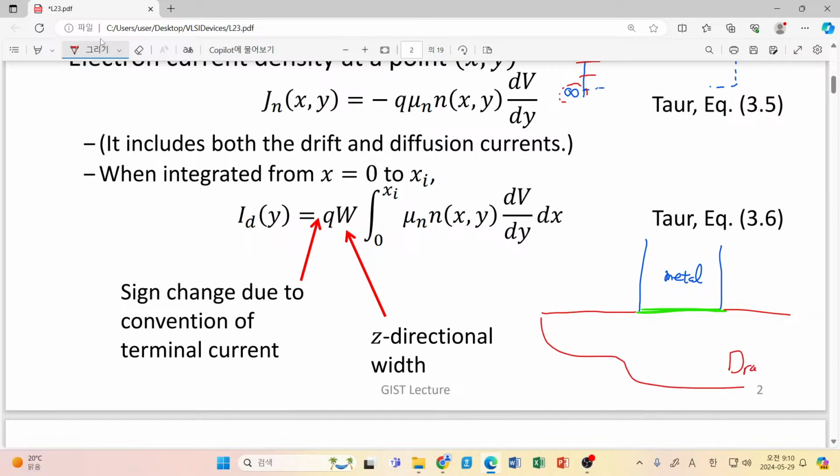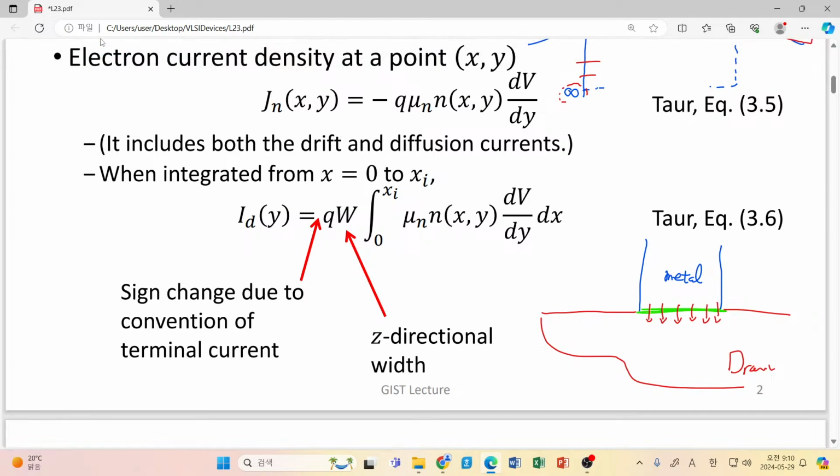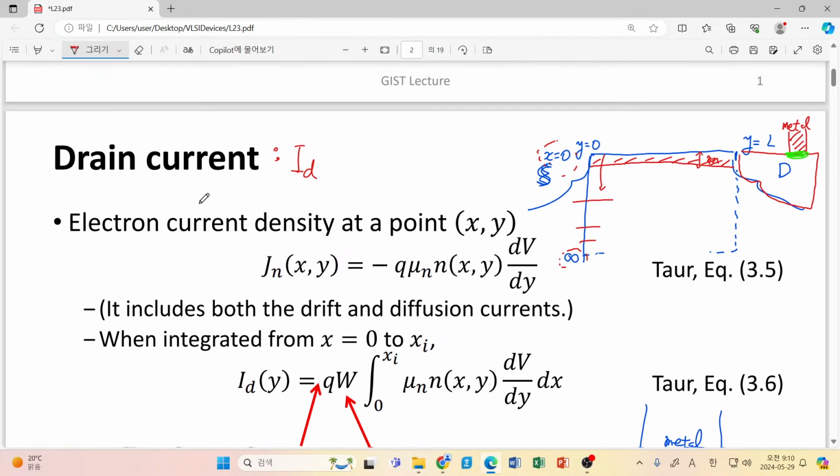When we say drain current, what we have to do is integrate the current density crossing this green part, called the drain contact. This is the definition of our ID.